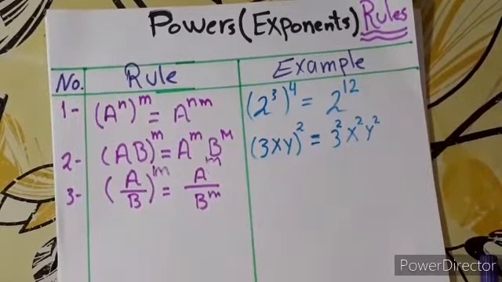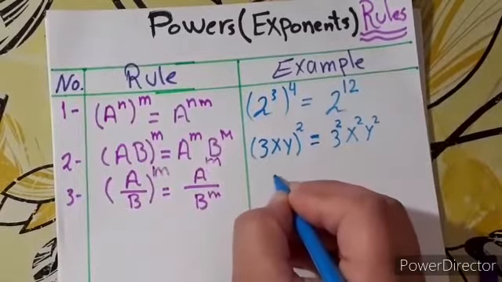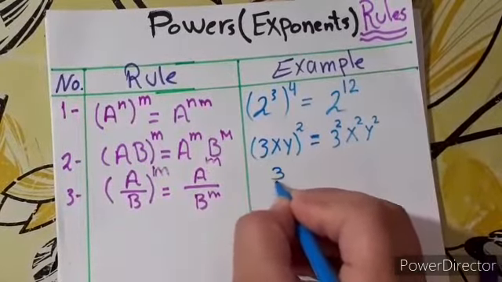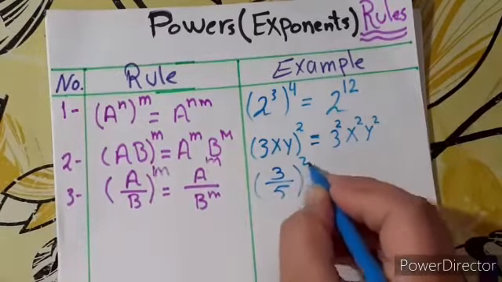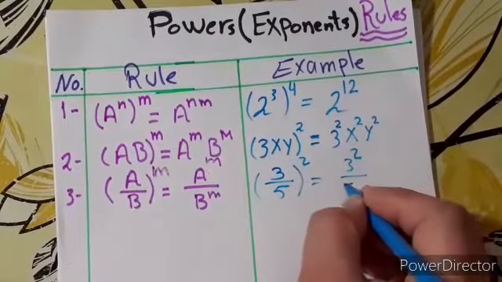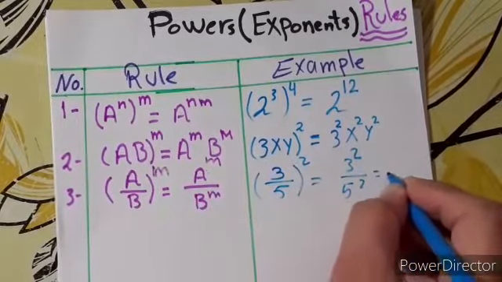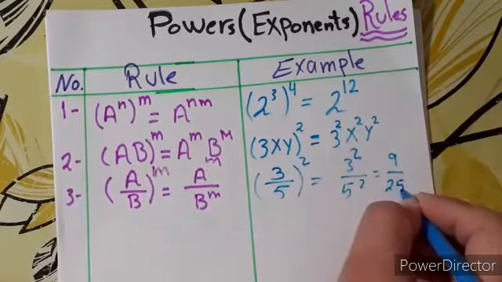For example, if we have 3 over 5 power 2, we can write 3 power 2 over 5 power 2, so we can write 9 over 25. Okay.